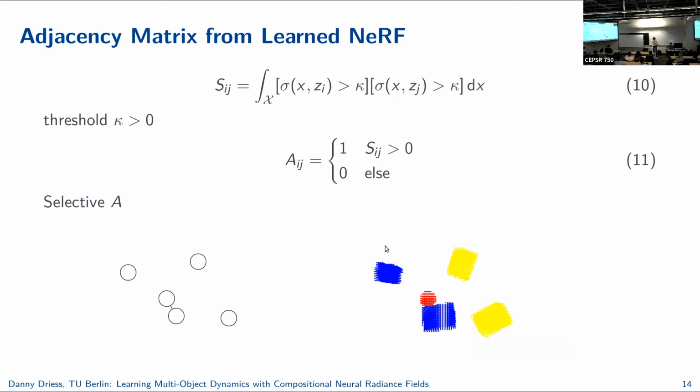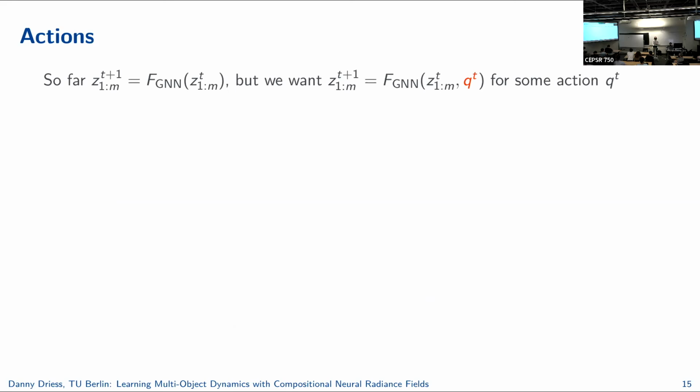And what we do is we take the neural radiance field density predictions and compute a collision integral of the two objects. So from the learned representation, we can actually compute a very reasonable and selective adjacency matrix, which incorporates this prior that objects can only exert forces onto each other if they touch. And that turned out to be very crucial in this work to achieve long horizon prediction and performance.